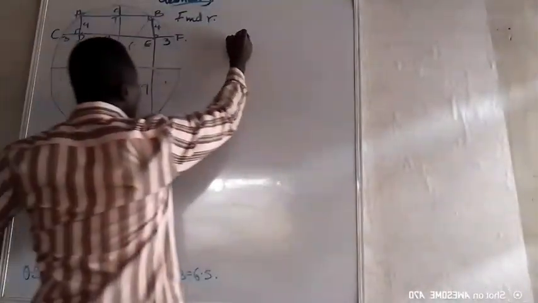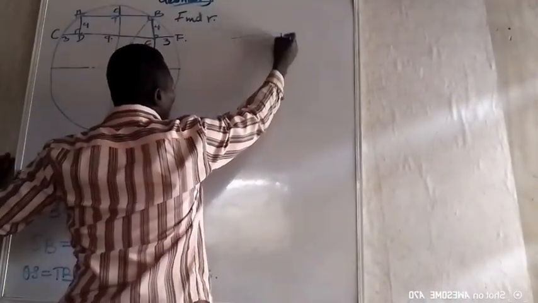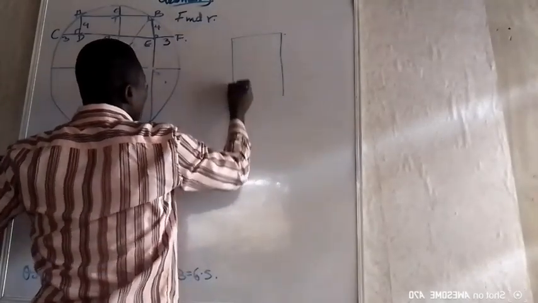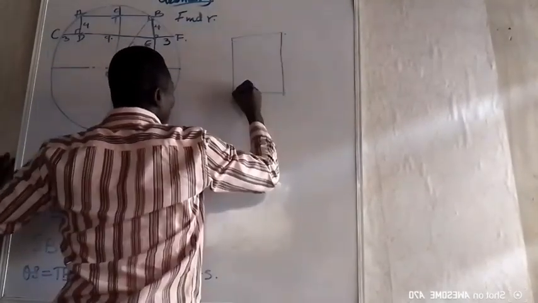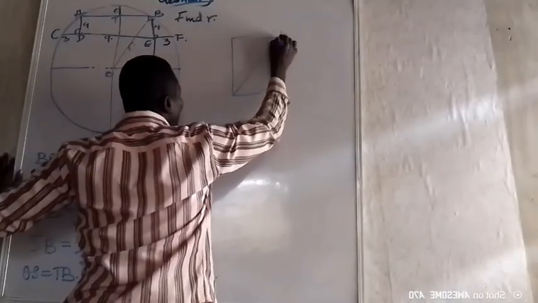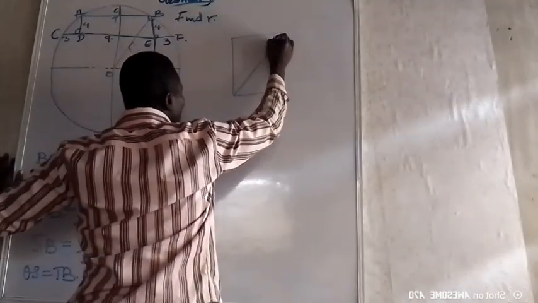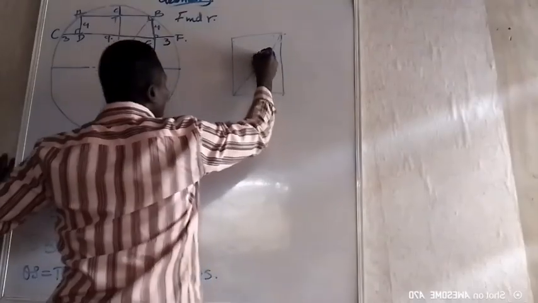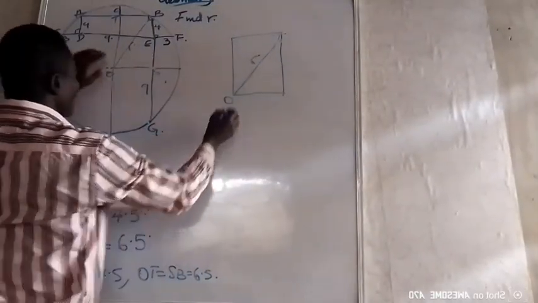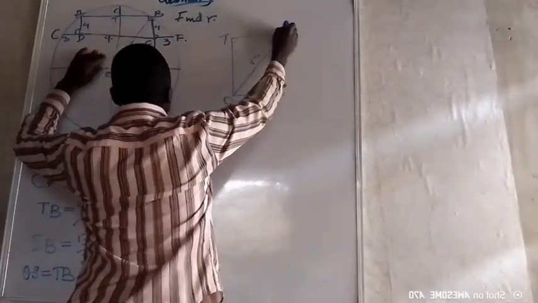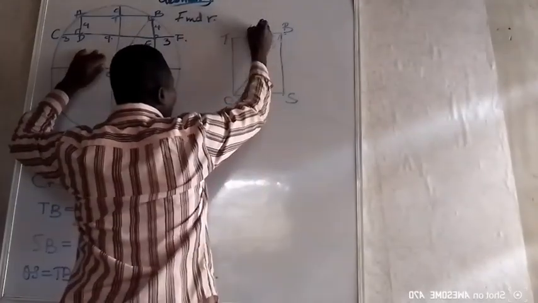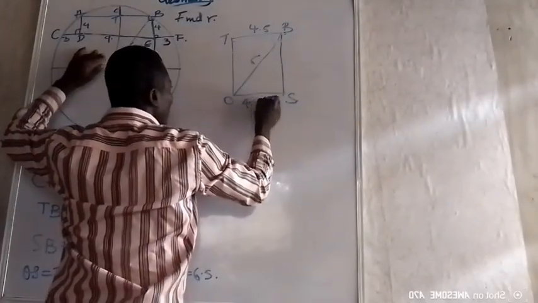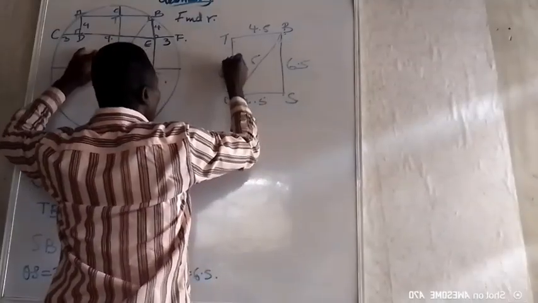Now from this, you can draw like this, and this place will be R. So, this is O, C, B, S, 4.5, 4.5, 6.5, 6.5.